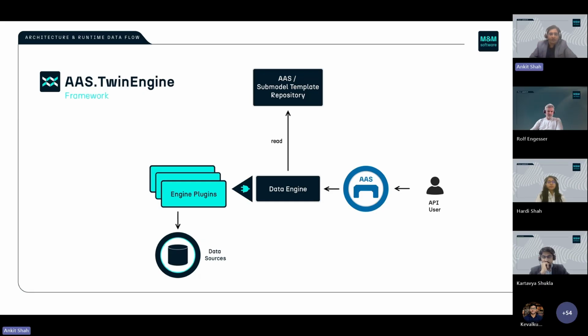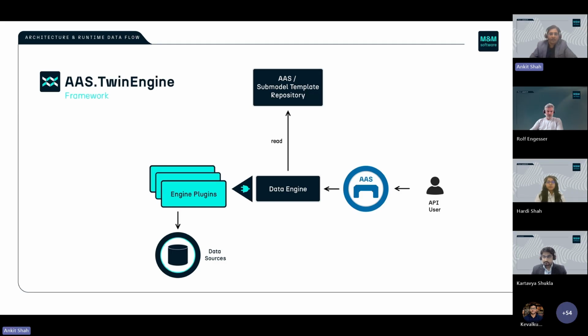At the top, we have the AAS and submodel template repository. This repository stores the templates, for example submodel templates, that define only a structure but do not contain any value. I will also explain how the data engine is responsible for filling the values inside the templates.